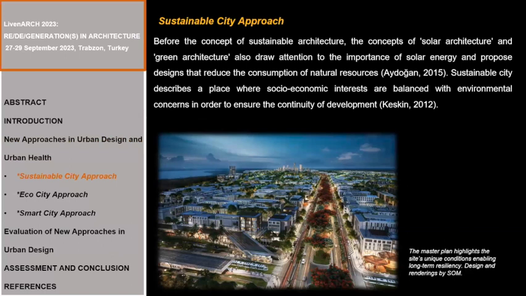Before the concept of sustainable architecture, the concept of solar architecture and green architecture also drew attention to the importance of solar energy and proposed designs that reduce the consumption of natural resources. Sustainable city describes a place where socio-economic interests are balanced with environmental concerns in order to ensure the continuity of development.